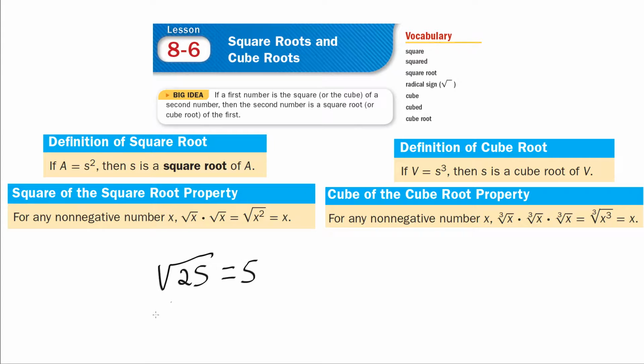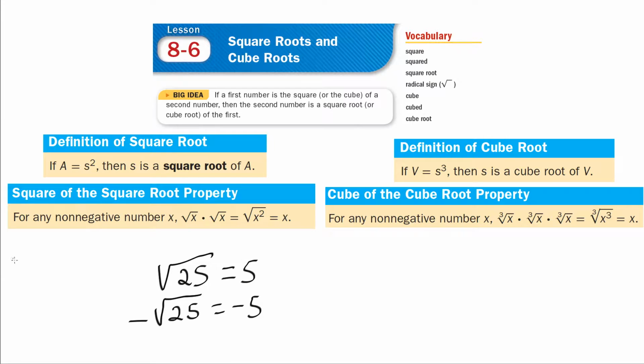If I would like the negative, I would write the negative root 25 equals a negative 5. And in this way I differentiate when using a radical. For something like 25, there are two roots, 5 and negative 5. There are two square roots for it. So when we talk about the roots or the principal square root of something, we're talking about the positive value.